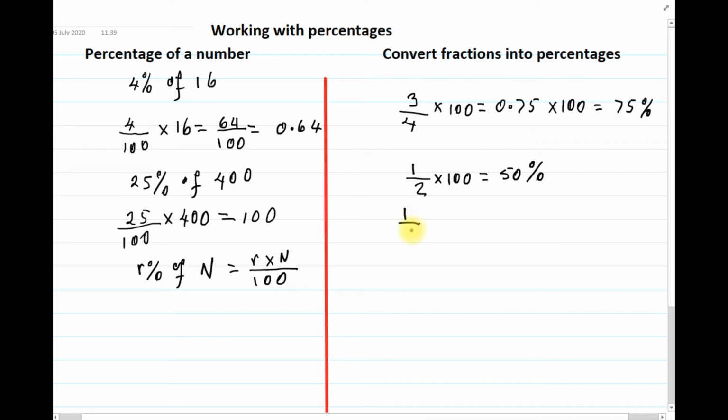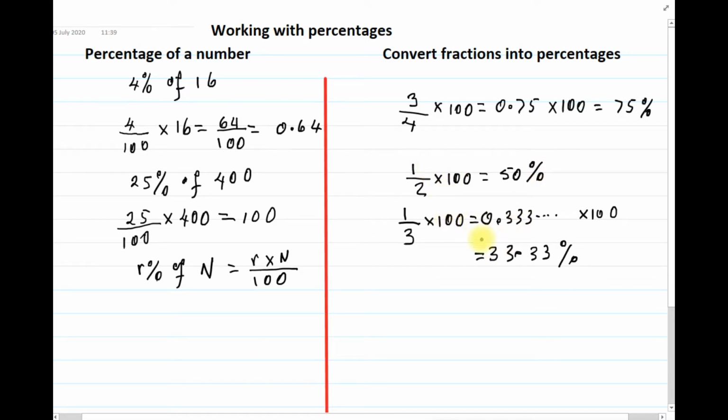1/3 times 100. Now 1/3, we know it's 0.3333 whatever, times 100. So 1/3 becomes 33.33% to 2 decimal points.